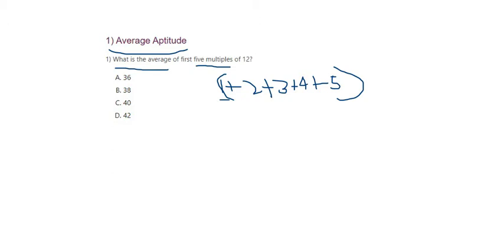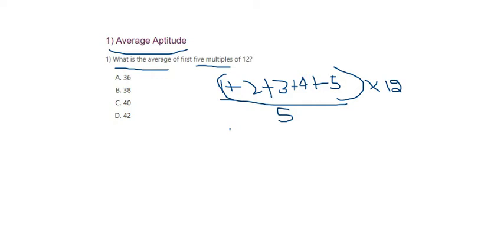So average means the sum of numbers divided by the total numbers, that is your 5. So the multiples of 12 is nothing but into 12.